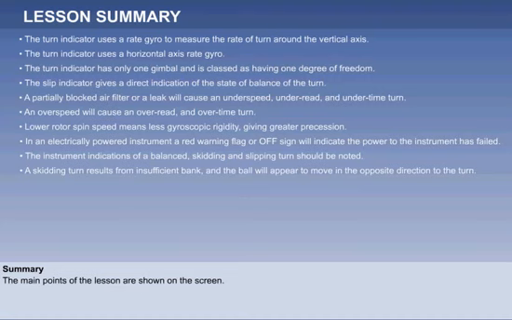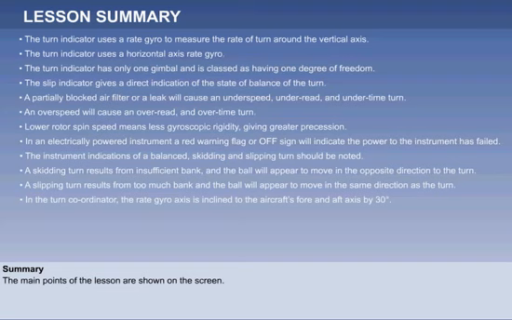A slipping turn results from too much bank, and the ball will appear to move in the same direction as the turn. In the turn coordinator, the rate gyro axis is inclined to the aircraft's fore and aft axis by 30 degrees. In the turn coordinator, the inclination of the gyro axis makes the gyro sensitive to roll or bank as well as to yaw or turn.